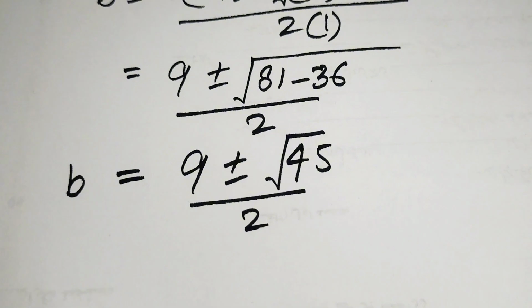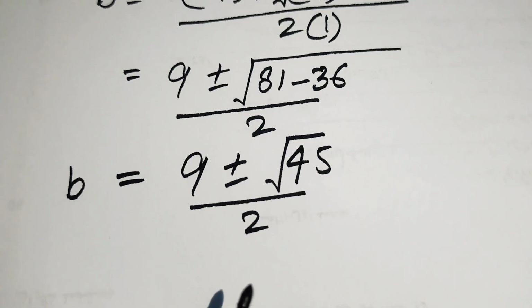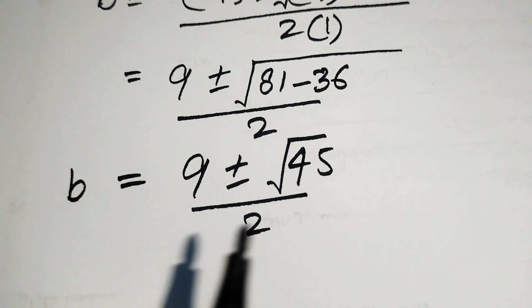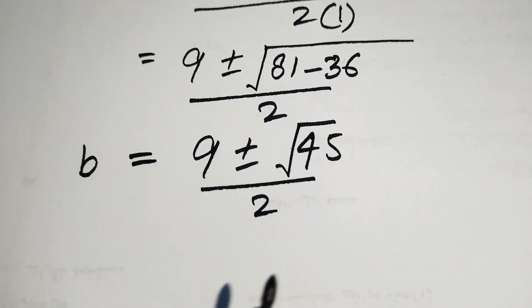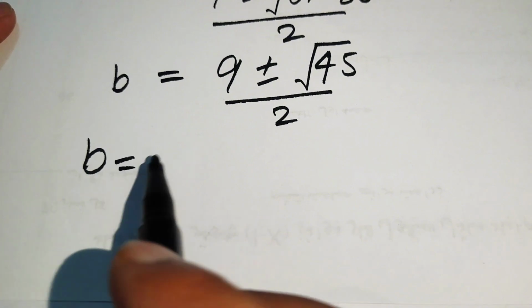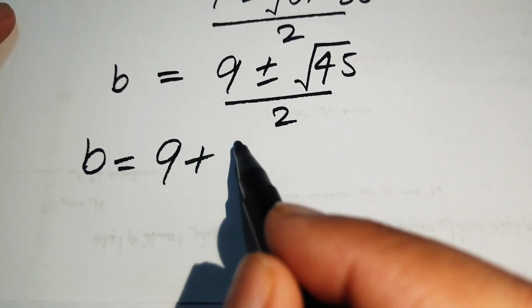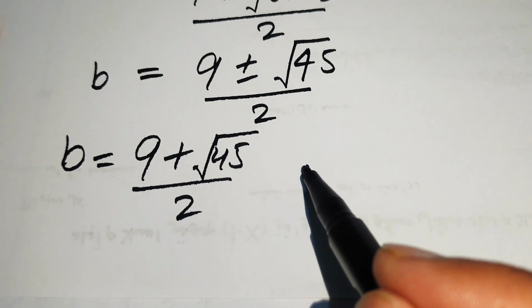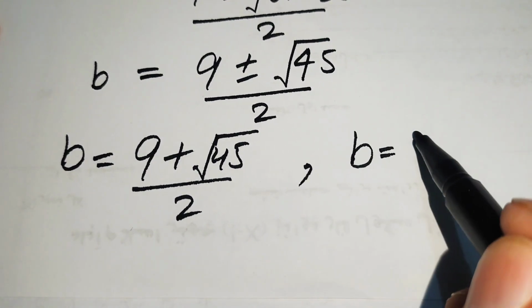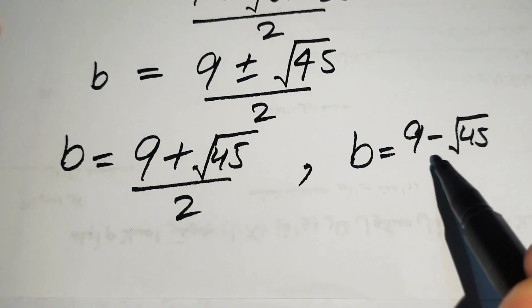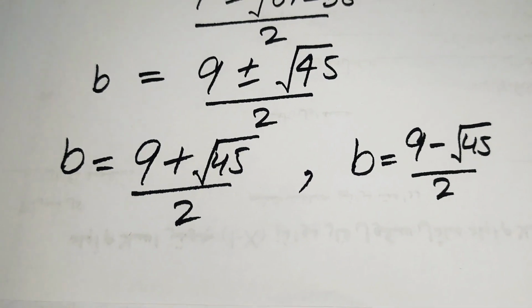We convert this into two cases and find the values of a corresponding to these two values of b. First, the positive value: b is 9 plus square root of 45 divided by 2. In the second case, b is 9 minus square root of 45 divided by 2.